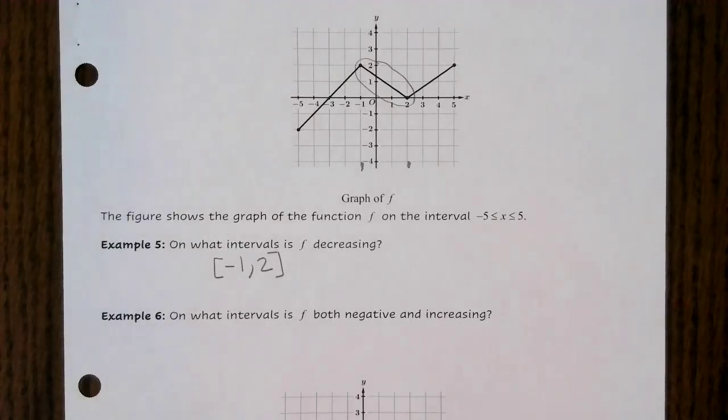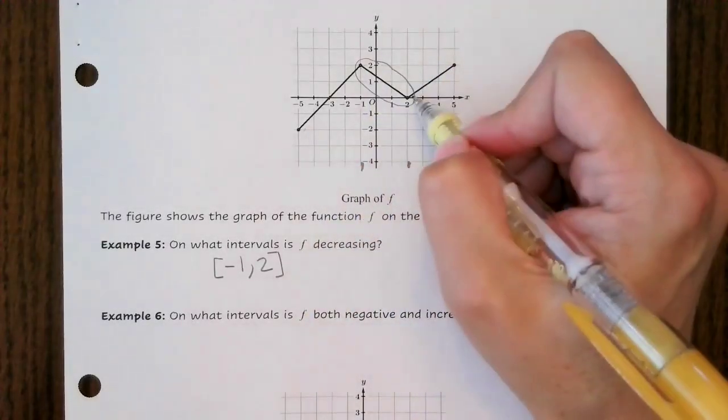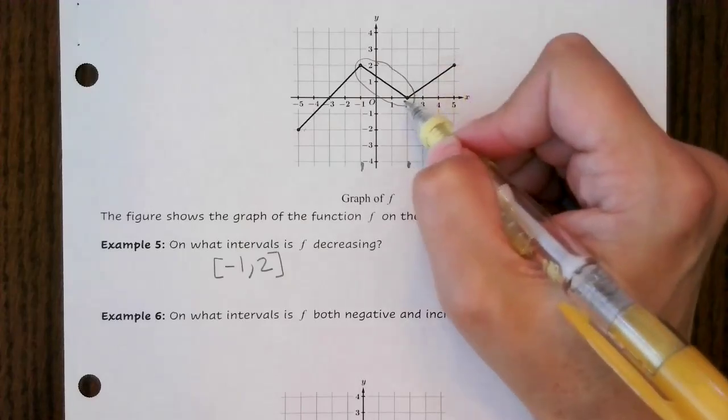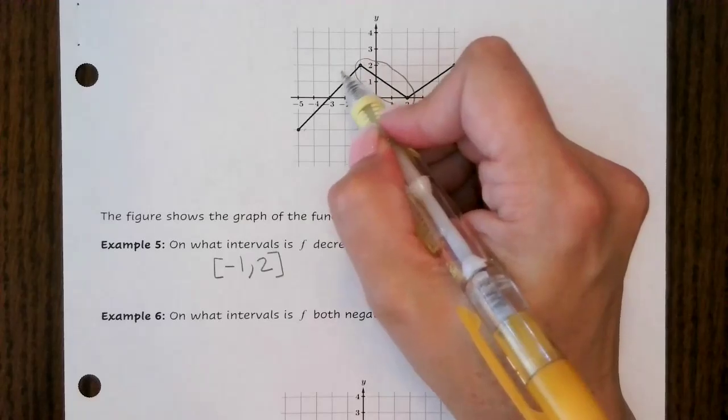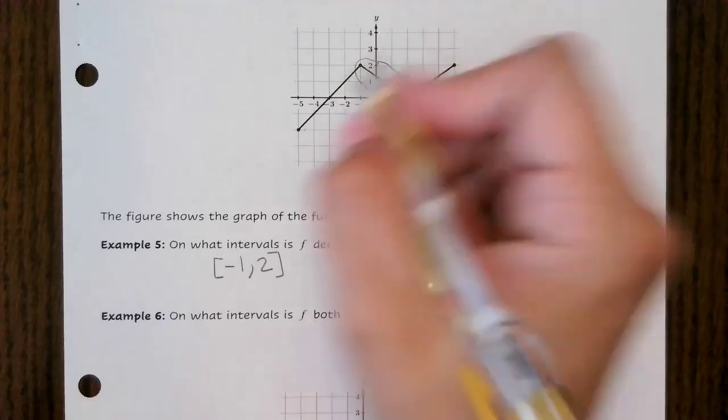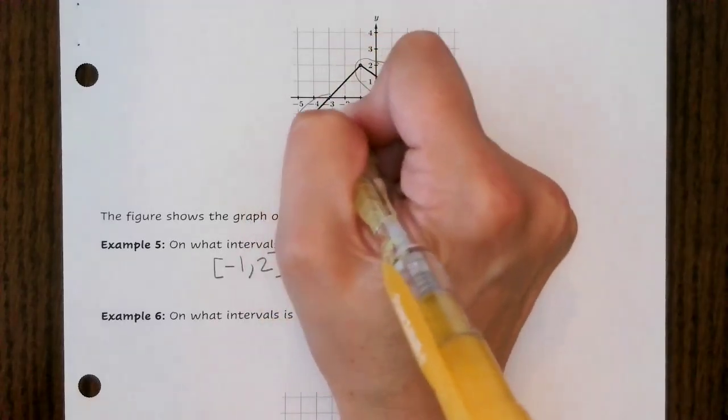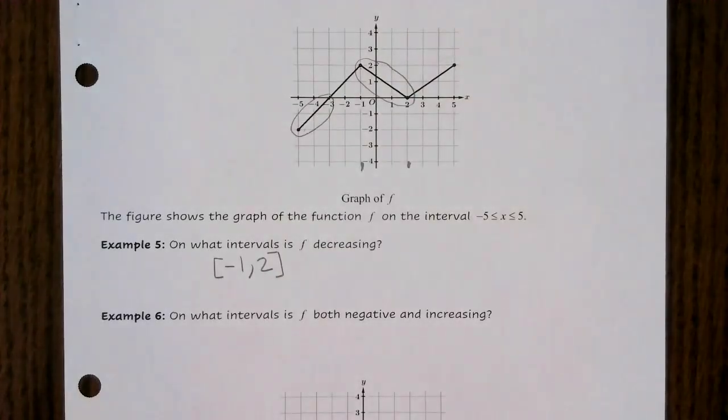The next part says, on what intervals is f both negative and increasing? All right, so we said these two parts are where it's increasing. Now, all of this occurs above the x-axis, so that's positive, and this part is above the x-axis. So the only part we're talking about here is this part right here.